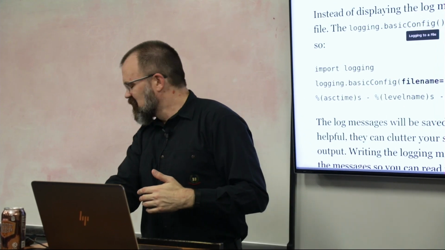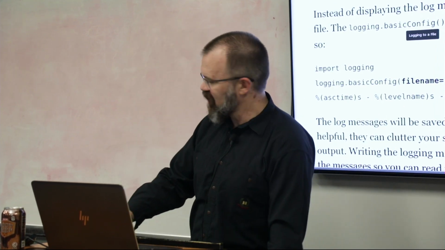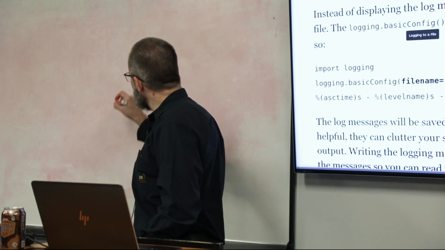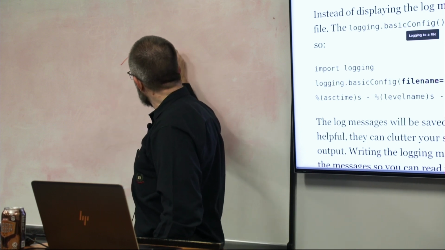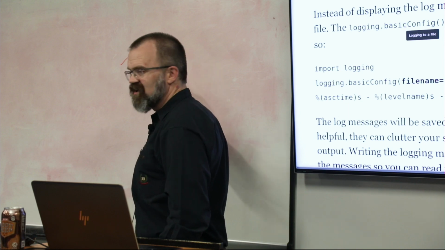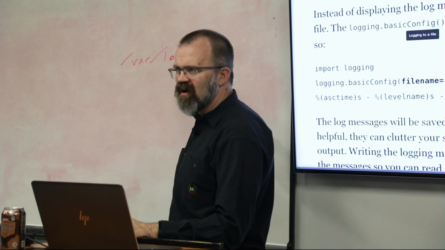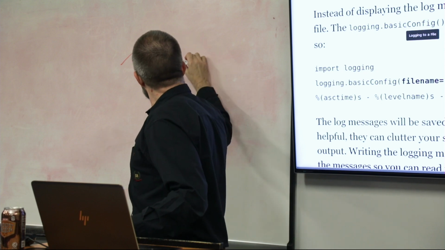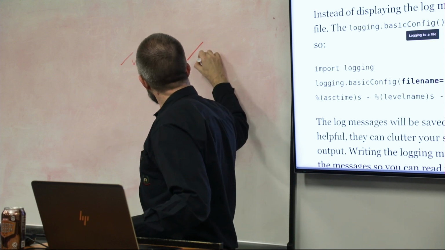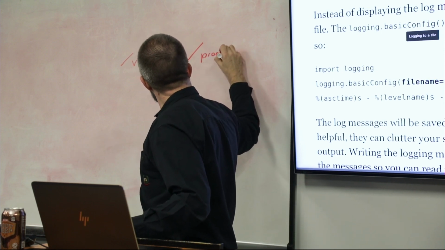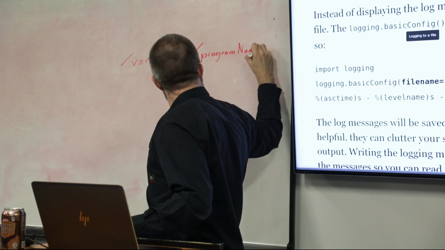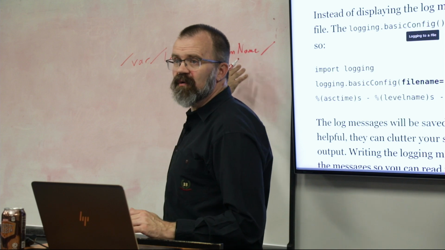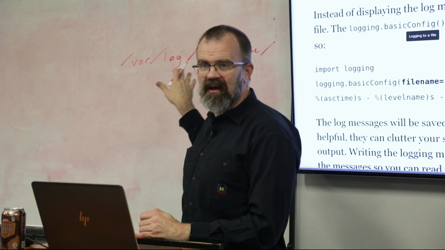Generally speaking, you want to put these kinds of log files into a directory on the operating system that is known to hold such files, somewhere under here. Ideally, if your program has a name, a directory under that would be even better.